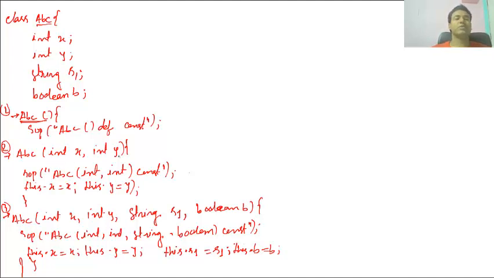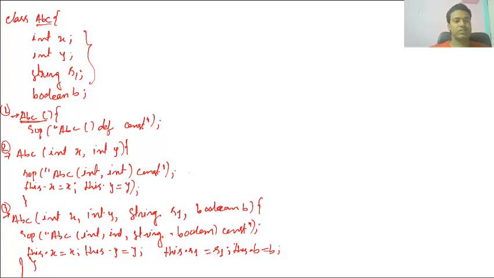Then what is the use of a parameterized constructor? The parameterized constructor's use is to initialize the instance variables, the state of the object, at the time of creating the object, right?